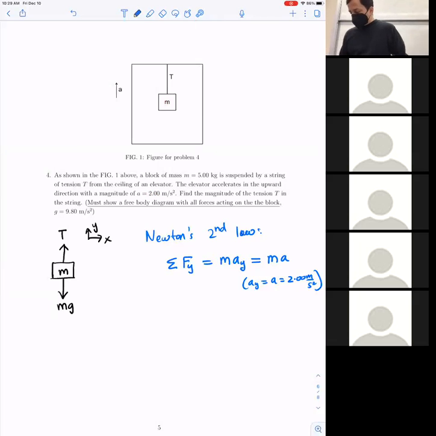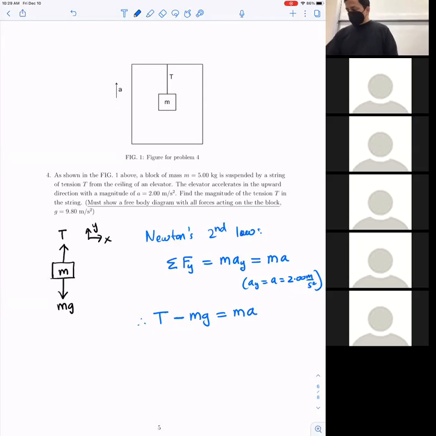So now I can go ahead and add up the forces along the y-axis. There's a force of tension upward in the positive y direction. There's the force of gravity downward in the negative y direction. So I'll go T minus mg, and that is going to equal m times a.